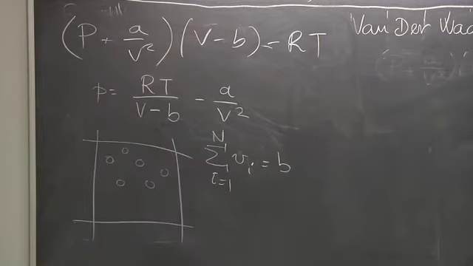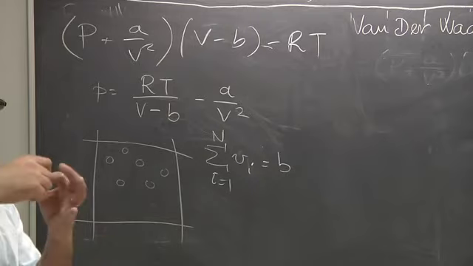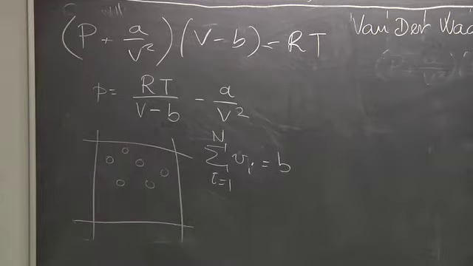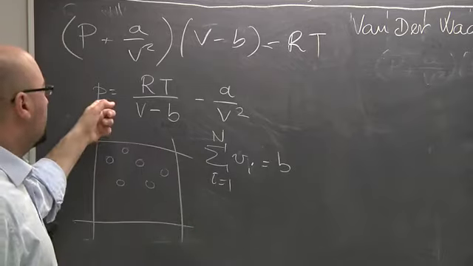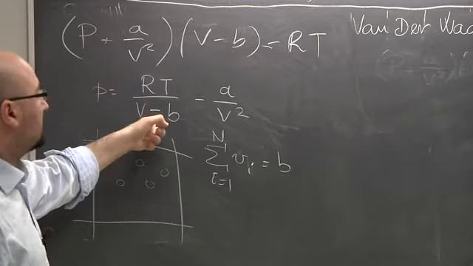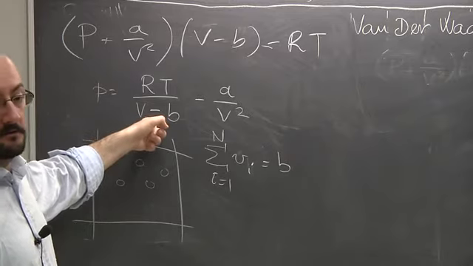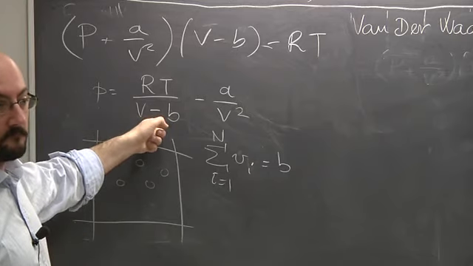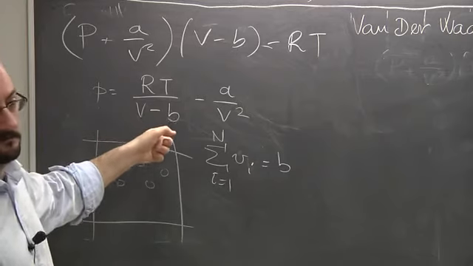This is the idea. So there is a hardcore repulsion, and the particles cannot be put closer than that. And in fact, if you plot the pressure as a function of the volume, you see there is a pole here. And the pressure diverges at this point. You cannot compress the gas.